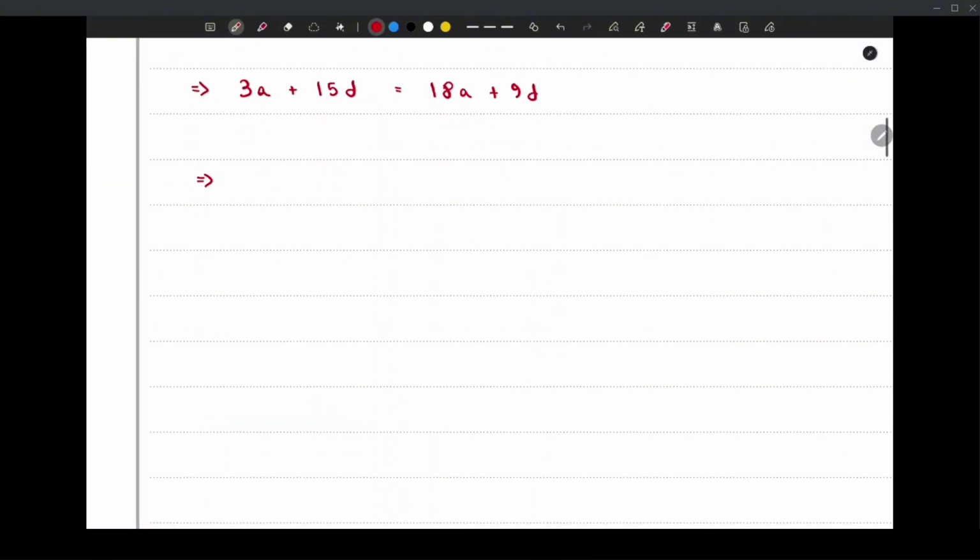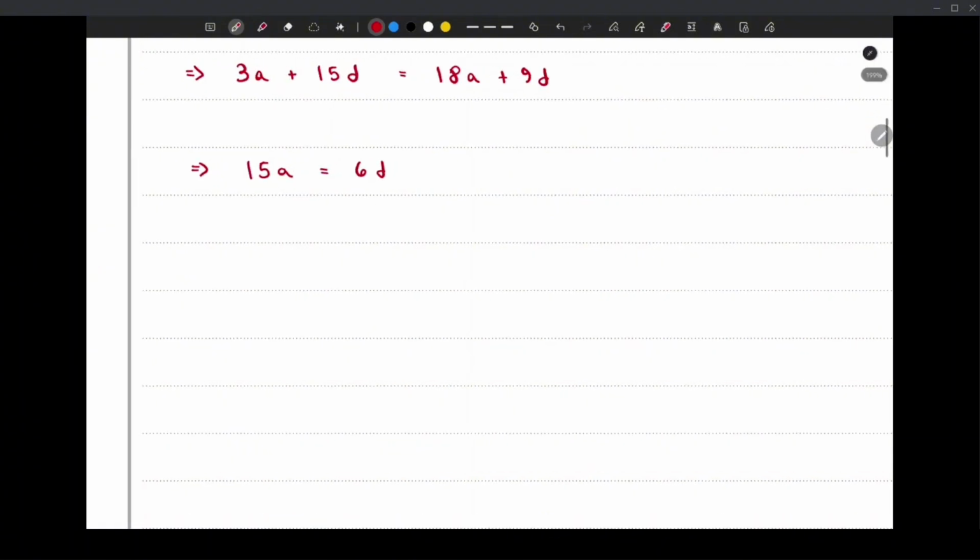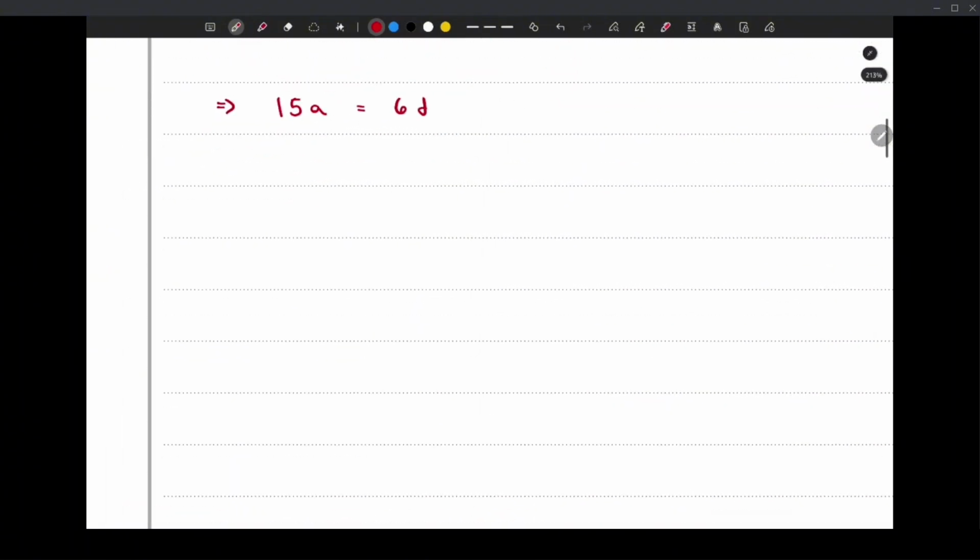If we simplify this further, we will get 15a equals 6d. Then we can simplify this more. We can divide this whole equation by 3, so we will get 5a equals 2d. So this is our first equation.